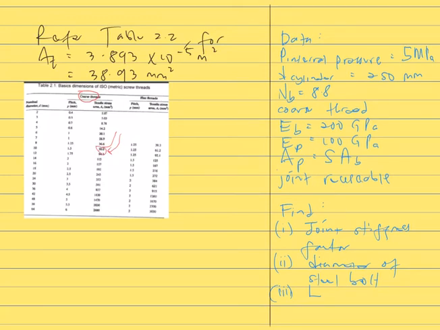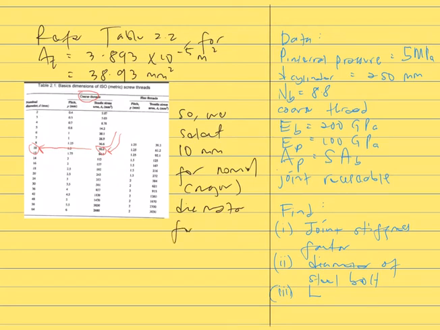From the value 58.0, we can see that the nominal diameter is 10 millimeter. So we select 10 millimeter for the nominal, which is the major diameter of the steel bolt.